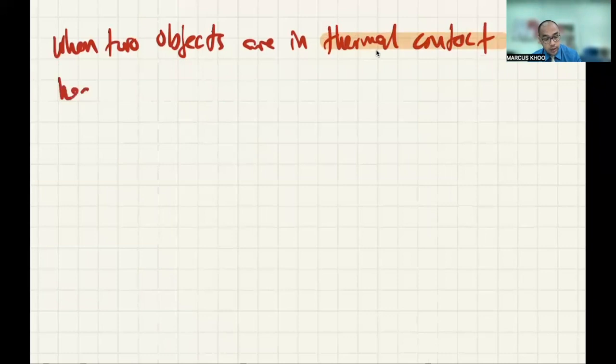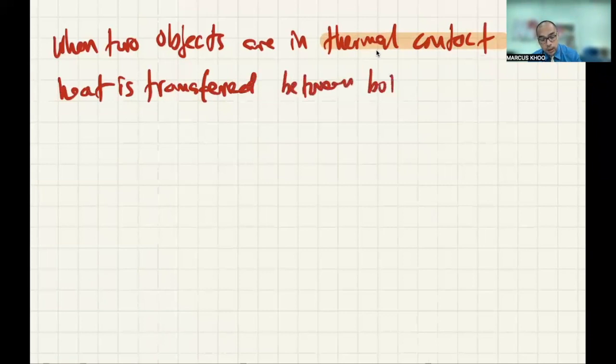Heat is transferred between both objects, meaning from object number 1 to object number 2 and object number 2 to object number 1. Never assume that heat travels one way only. It always travels both ways because with thermal contact, whether the object is hot or cold, there is always heat transfer.